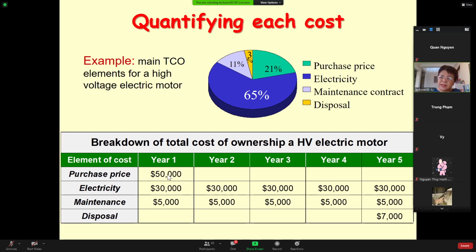The purchase price at the very beginning is 50,000 US dollars, and the other spending is for the electricity for that equipment, $30,000 for year 1, and maintenance is about 5,000. You have similar data for year 2, year 3, year 4, year 5. This shows you the total cost of ownership of the HV electric motor over the years.